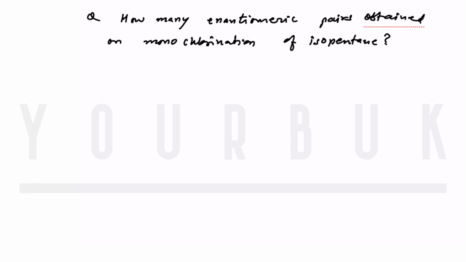So how to attempt this question? Now look at the steps. The first step is to write the structure of isopentane. This is the structure of isopentane, and isopentane contains 4 different sets of hydrogen. These two are identical. This is number 2, this is number 3, number 4. So there are 4 sets of hydrogens.